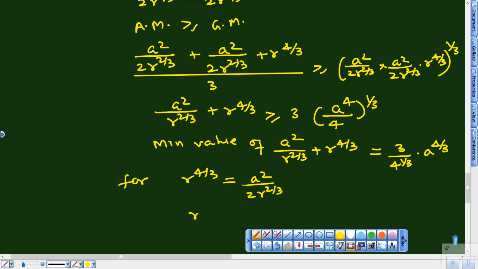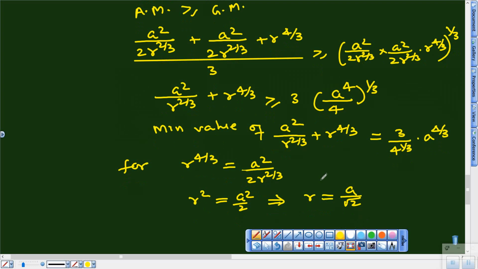Cross multiply, I get r square is equal to a square by 2, which implies r is equal to a upon root 2, which is the answer.